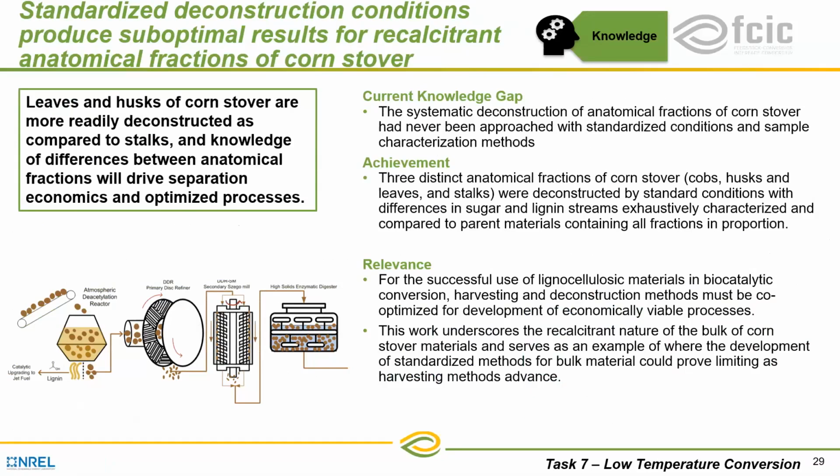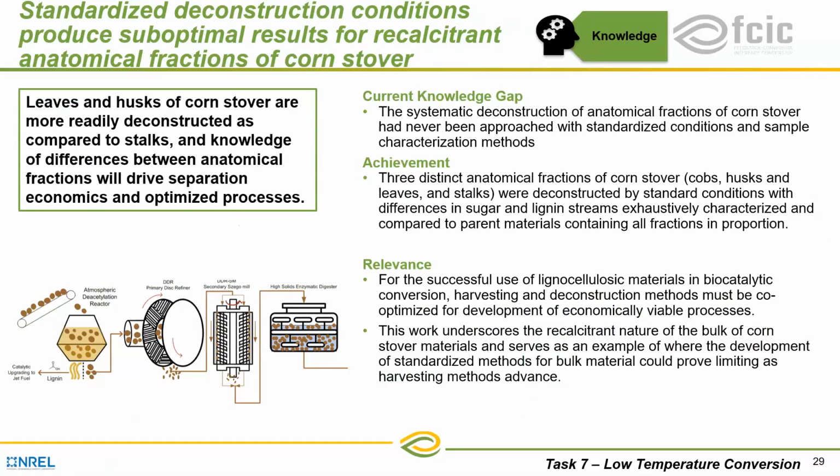Because the work to date used a standardized set of conditions for this pre-treatment step, the deconstruction step, DMR-EH, not only was it used to produce these streams for biological upgrading, it also served as a screening tool to look at the impact of variability on the deconstruction step.